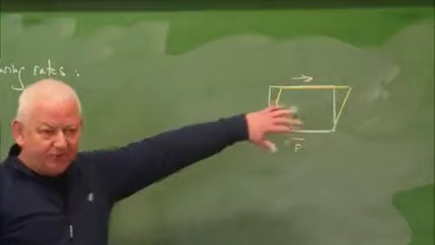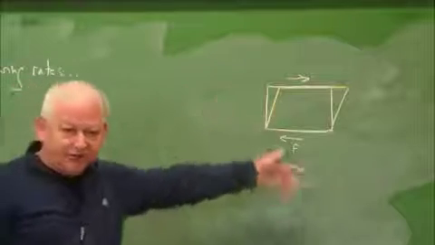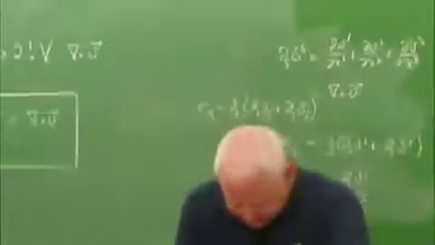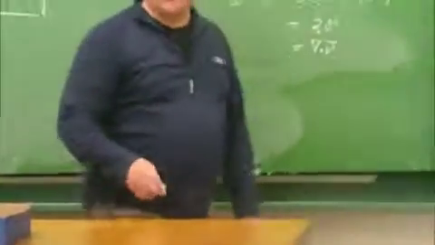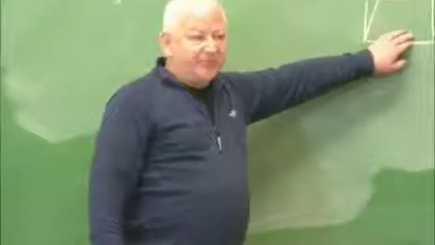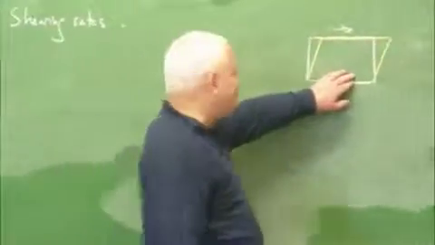This is a three-dimensional object, of course. I've just drawn the cross-section of it. You apply forces to the top and bottom of the object in opposite directions and tangentially to the surface. And it will produce a deformation of this kind here. A deformation of this type is called a simple shear.